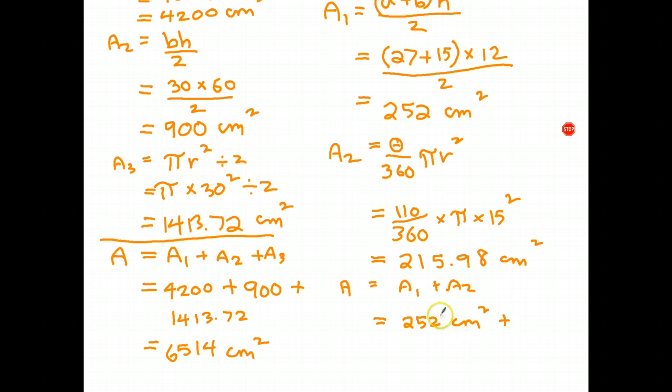Sorry, that's area 1. Area 2 is 215.98. In fact, I did something very naughty. Normally, you don't put your units in until the end. No need to put them in there. Just complicates things unnecessarily.